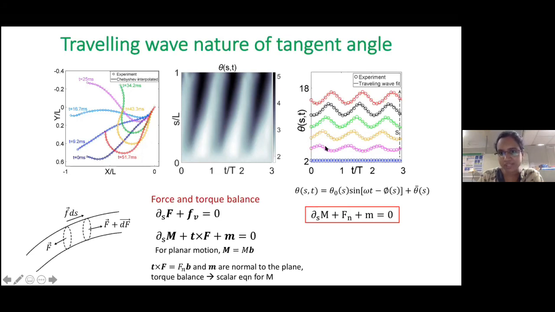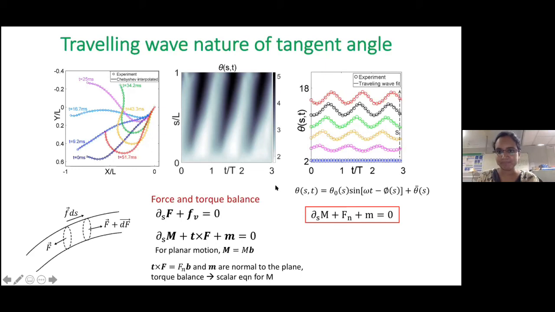What I'm trying to say is if you stand at some particular arc length on the filament and look at the tangent angle at that arc length as a function of time, it is oscillatory. And similarly, if you fix your time point and look at the tangent angle for different space points, arc lengths, you will find it's oscillatory again. It's the same that's plotted here, essentially in a color plot.